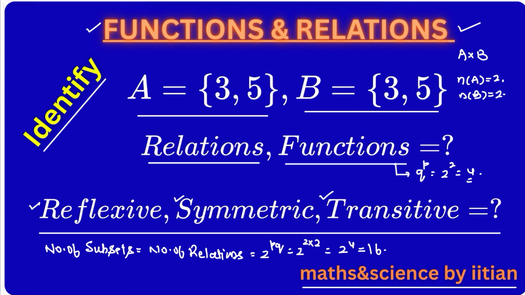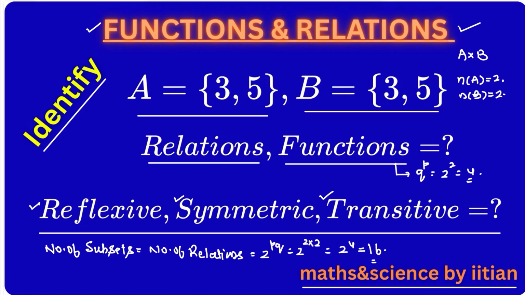Now, we know how to write the number of relations and how to identify the number of functions. Various functions are there. And out of these 16 relations, in this lecture, let us try to identify reflexive relations, symmetric relations and transitive relations.